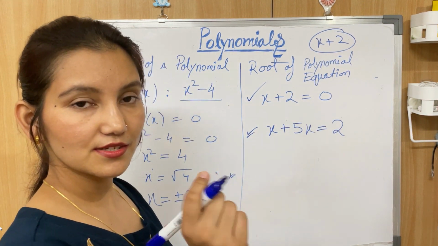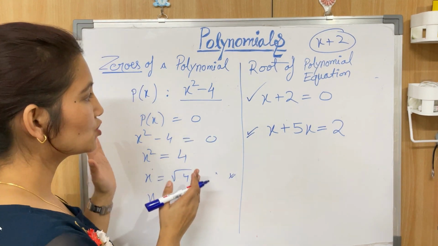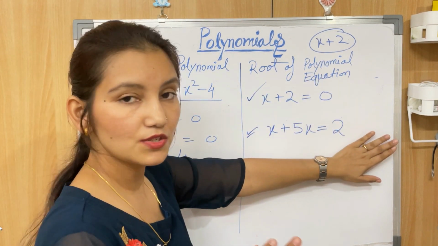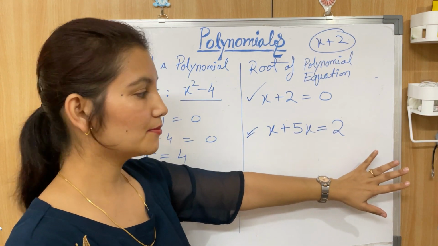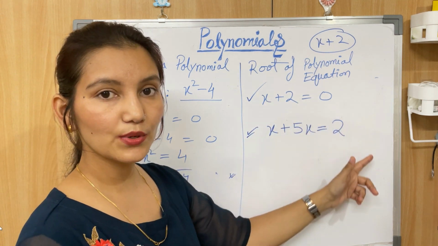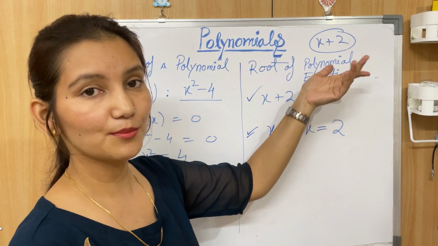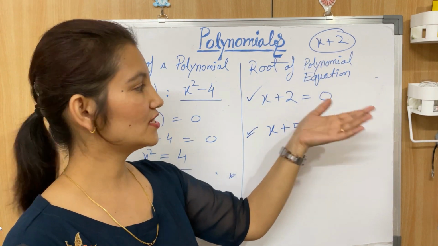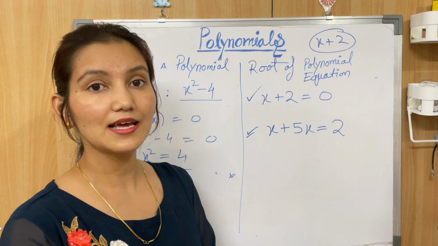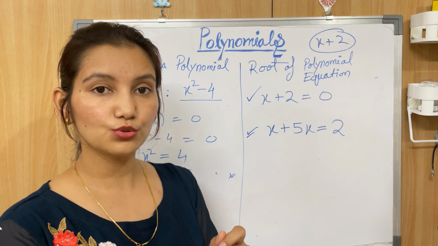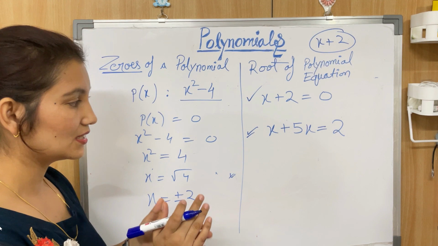You are understanding the difference here. The zero is that value of x which makes the expression 0, and here that value of the variable, x or y or any variable, that satisfies the equation will be the root of that polynomial equation. That's the slightest difference between these two, but we generally use these two words interchangeably without realizing that there is a difference between roots and zeros.